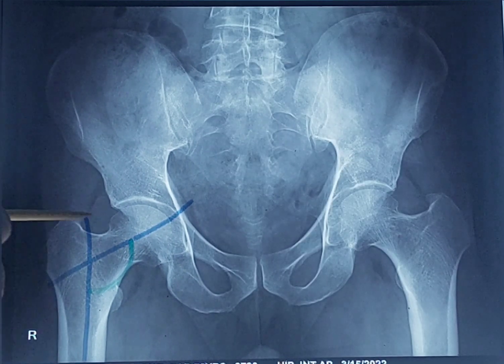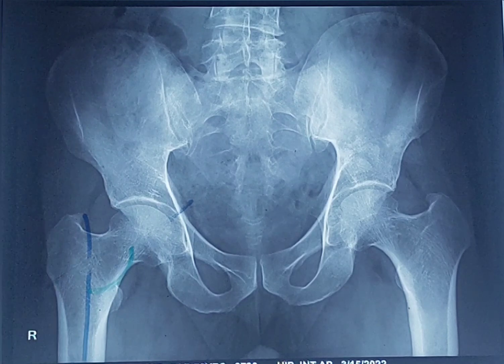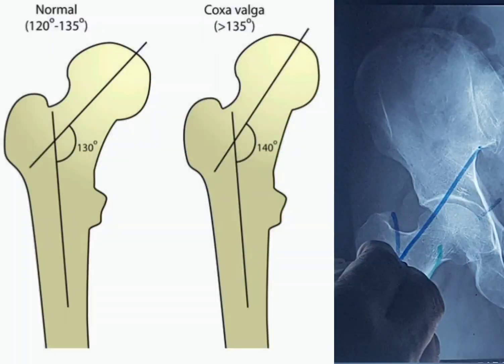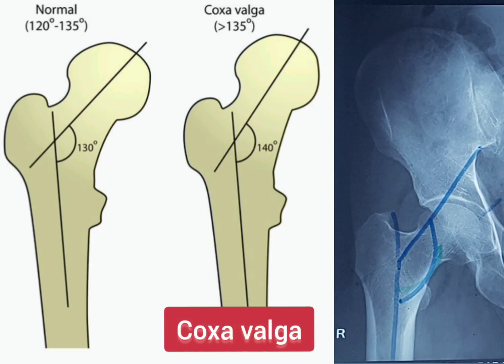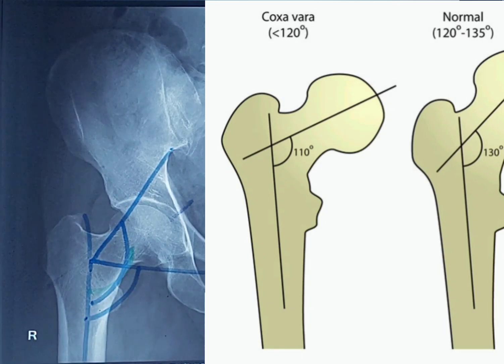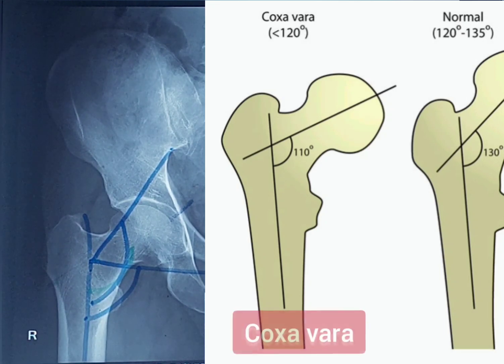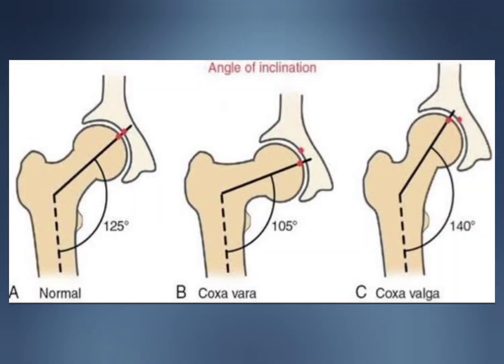But sometimes this angle may be increased or decreased due to different clinical or pathological conditions. If the angle is increased, that is called coxa valga deformity. And if the angle is decreased, this type of deformity is called coxa vara. So coxa vara and coxa valga are the deformities when the neck shaft angle is decreased or increased.